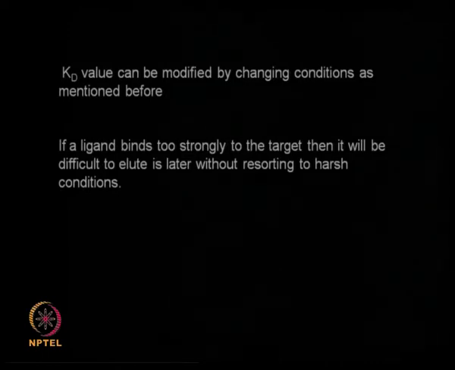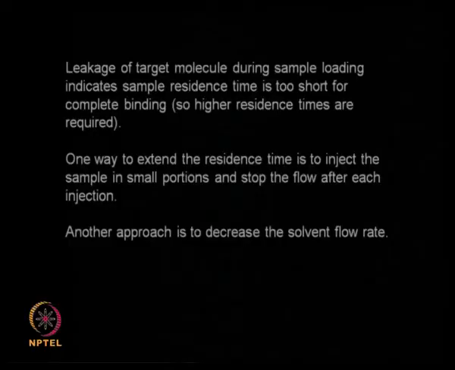If you use a very harsh condition, you may deactivate the protein, or the protein may get unfolded and lose its activity. So you are balancing how strong the binding is, so that there is no leakage of the protein, against how easy it is to disrupt the bound protein. You need to play around with these two values actually.